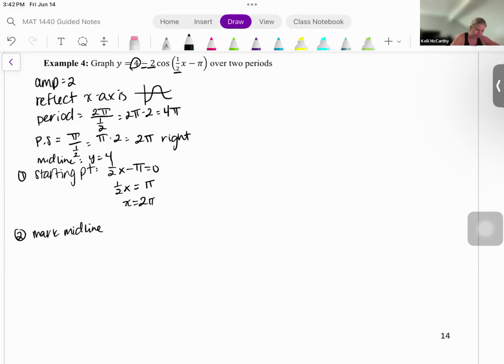So let me start putting these together on the graph. All right, so we're starting at 2 pi. So there's our starting point. Our midline is 4, which I'm actually going to change this up a little bit.